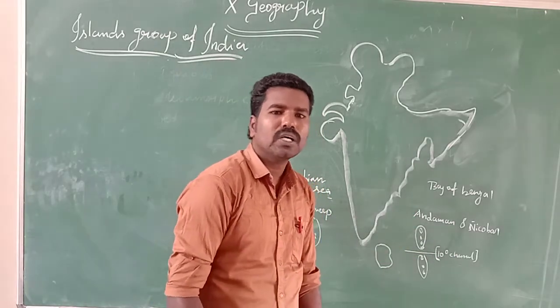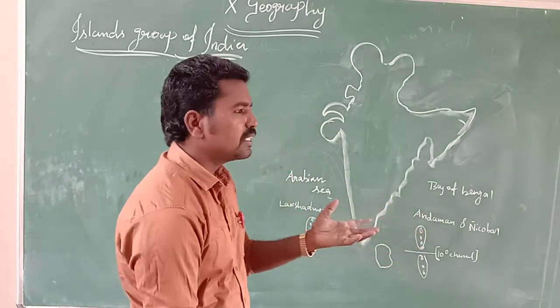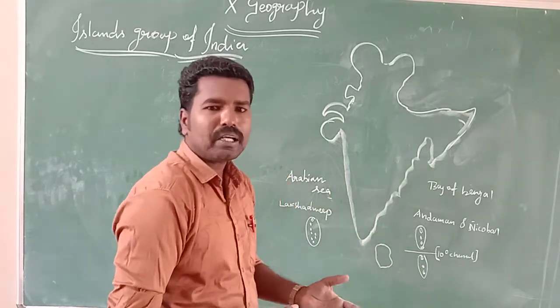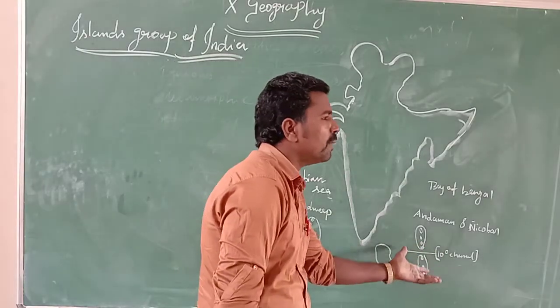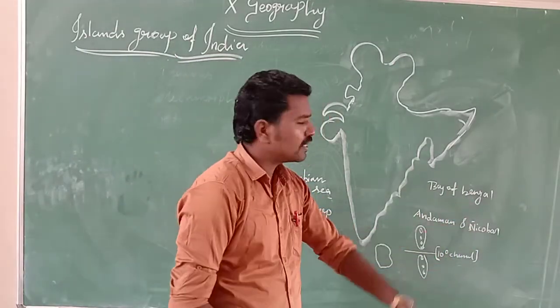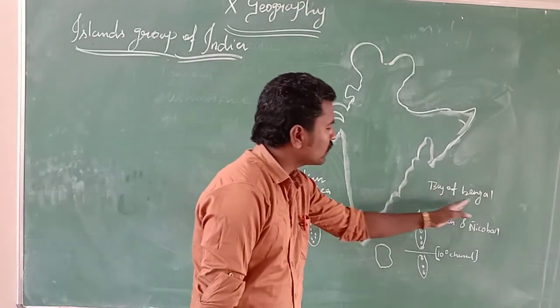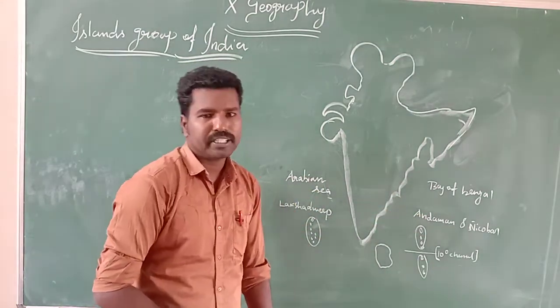A volcano is an opening of the earth's crust through which solid lava and magma come outside and form a cone-shaped mountain among the seas. These are called islands. These islands are situated in the Bay of Bengal. These are continuous with the mountains of Java and Sumatra.